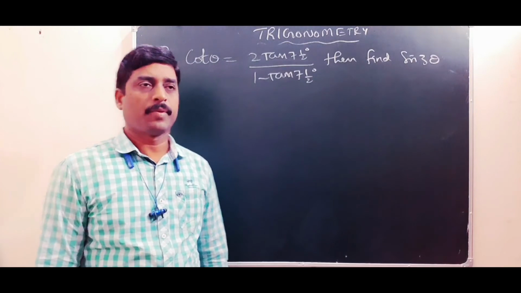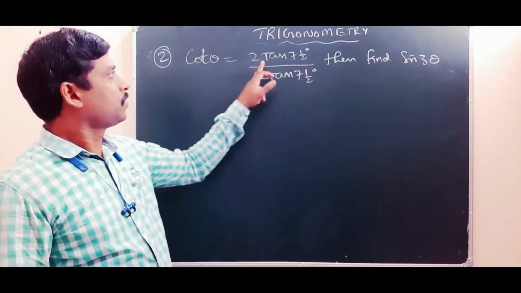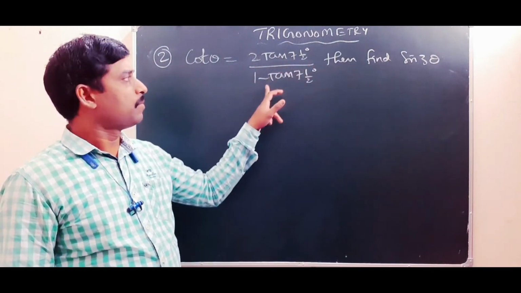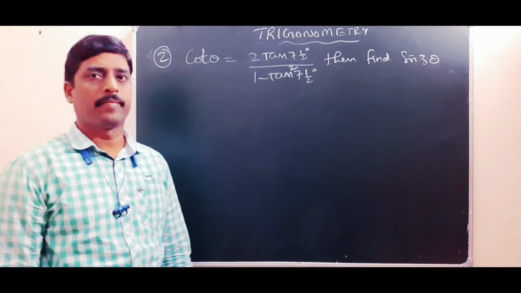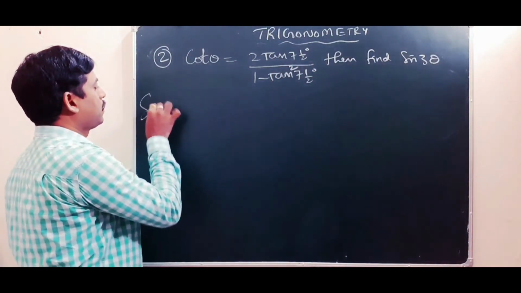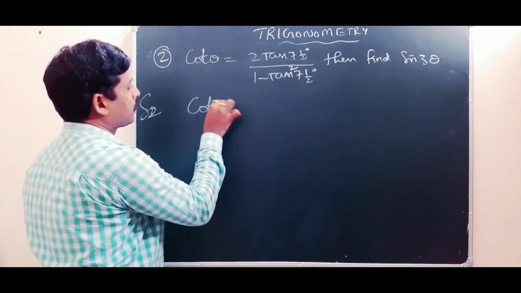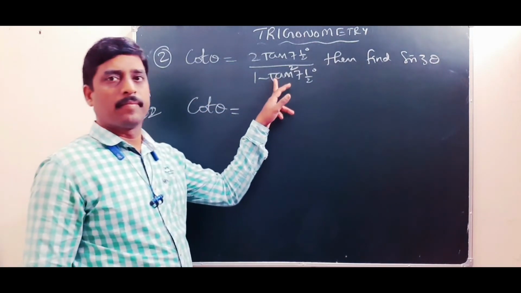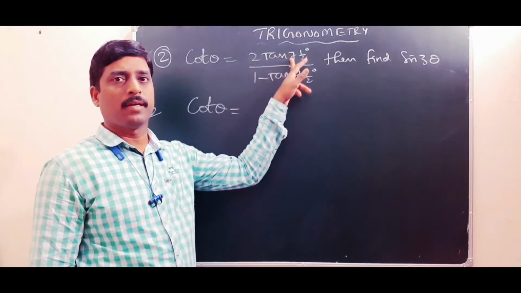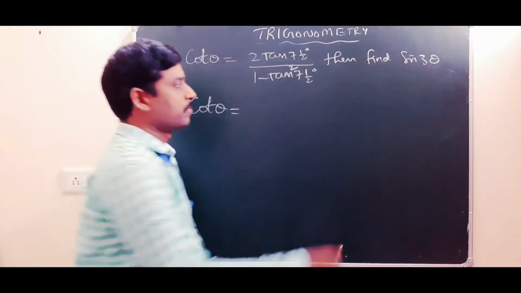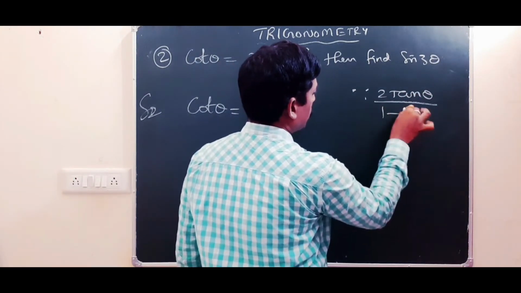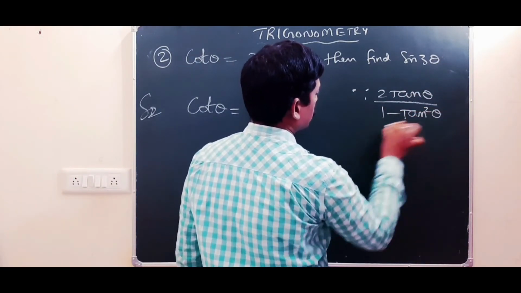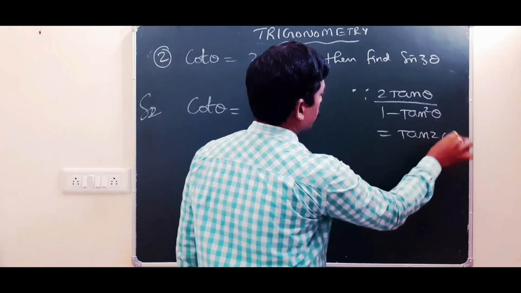Okay, let us go to the next problem. Cot theta is equal to 2 tan 7.5 by 1 minus tan square 7.5. Then find out sin 3 theta. Okay. So what is given? Cot theta equal to 2 tan theta by 1 minus tan square theta form. What is the formula? 2 tan theta by 1 minus tan square theta will be tan 2 theta.